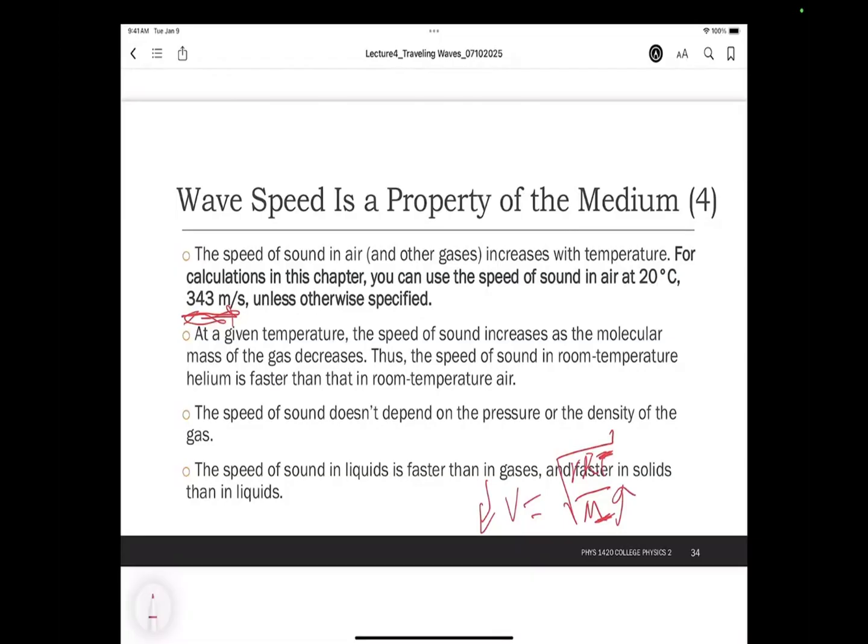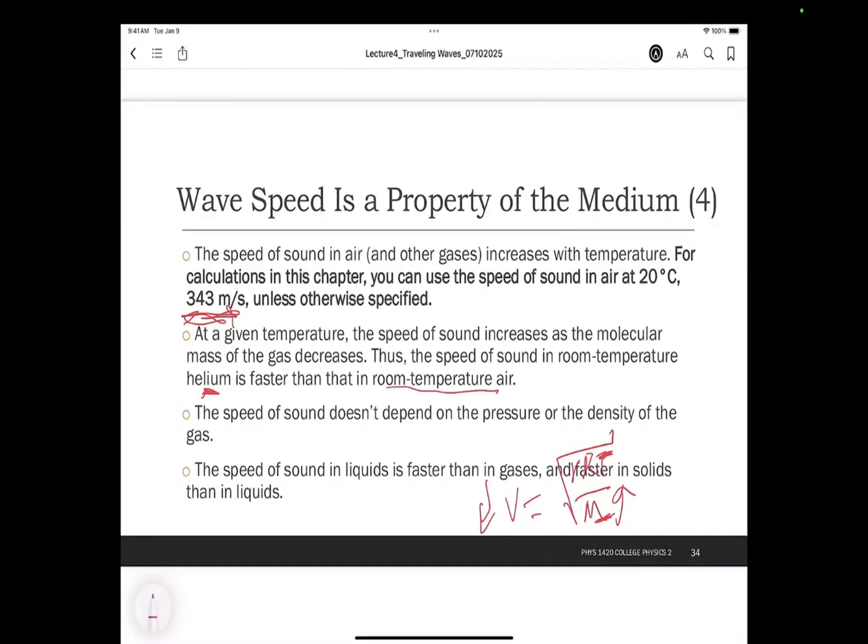Thus, the speed of sound in room temperature helium is faster than that in room temperature air, because the mass for the helium is smaller than that for the room temperature air. The speed of sound doesn't depend on the pressure or the density of the gas.